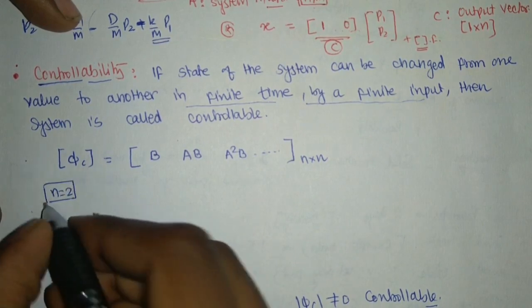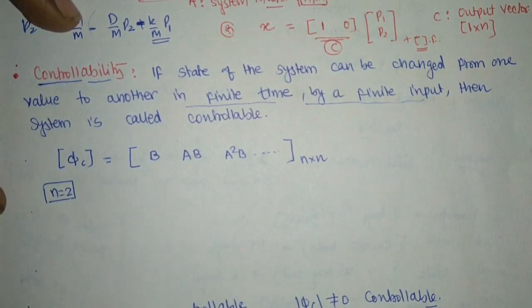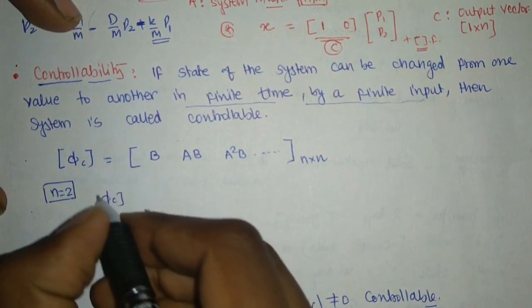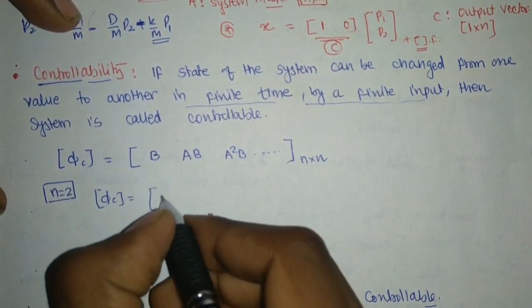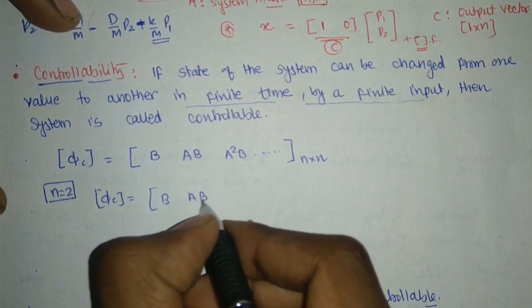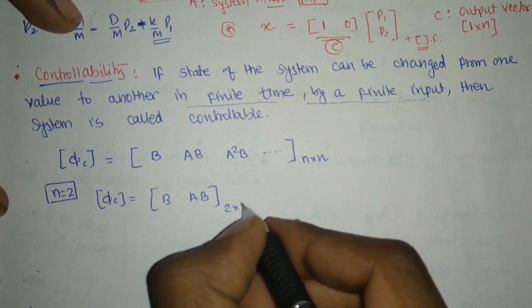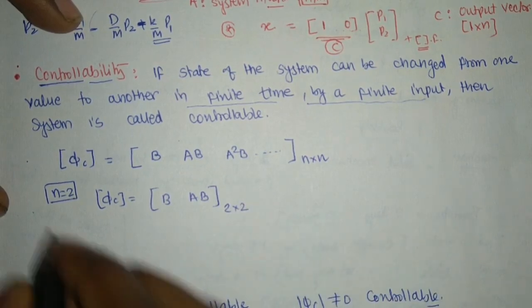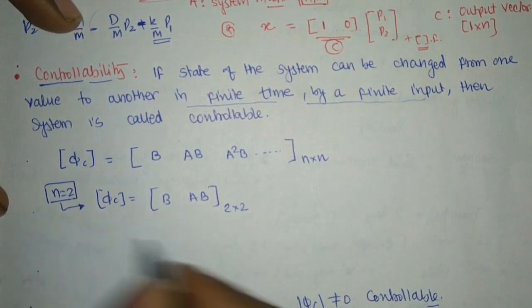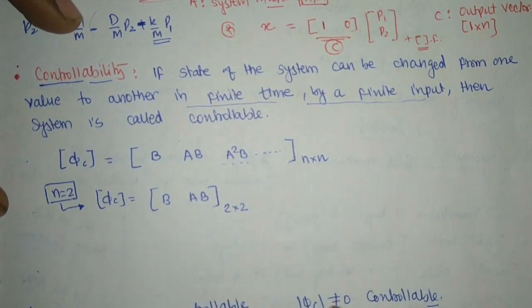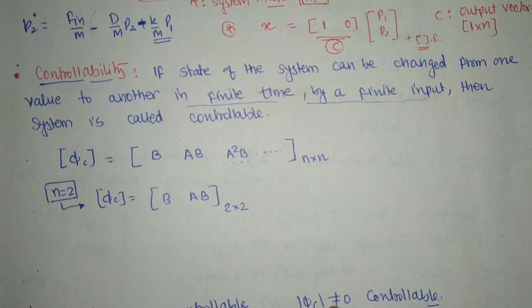We had a 2 by 2 matrix. So for that particular case, my controllability matrix will be given by B, AB, and that's it. For n is equal to 3, it will go up to A square B, and so on, and I can have the matrix of my controllability.